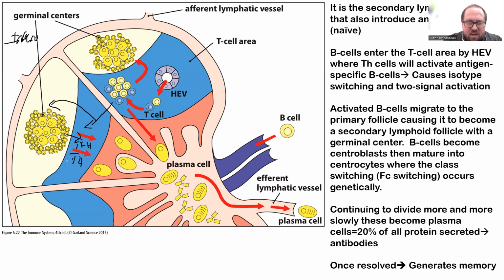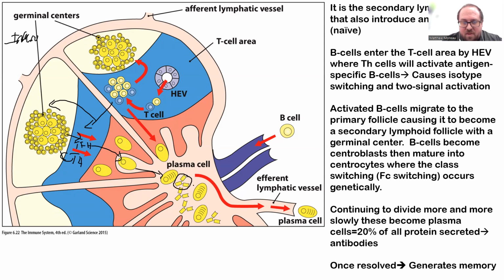And the cytokines secreted by T helper cells and the activation by T follicular helper cells then give you an antigen or epitope specific differentiation into centroblasts, and then centroblasts into plasma cells, which lose that C terminal signaling sequence, which solubilizes the B cell receptor into antibodies.